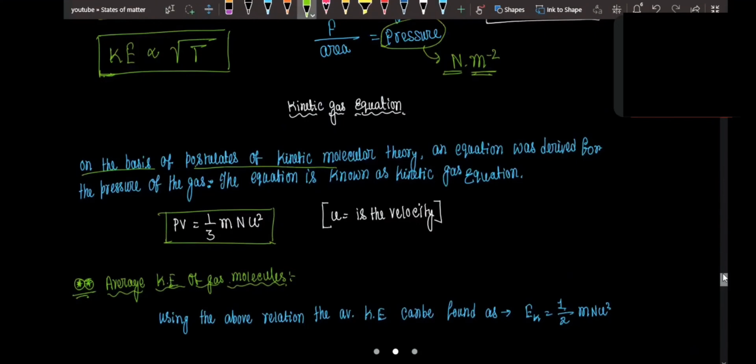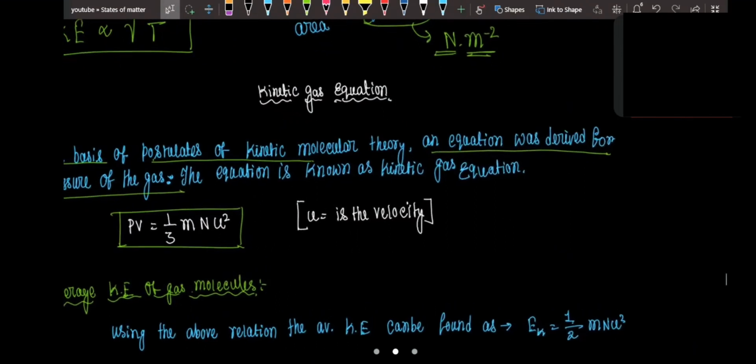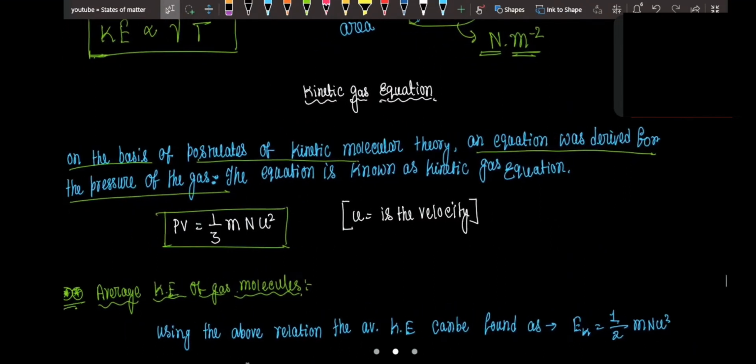So we are deriving an equation from the kinetic theory that we have just learned, and from there we are getting PV equals 1/3 m n u square. You don't need to know the proof. But u is the velocity. Okay.